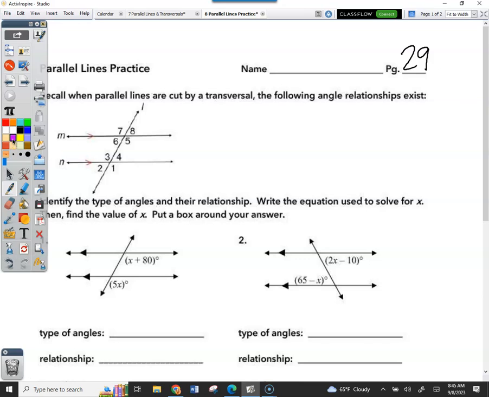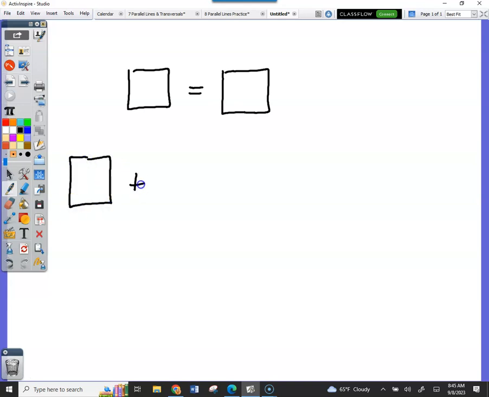Well, there's only two scenarios for equations. It's either you set them equal and solve, or they add to equal what? 180, because it's a linear pair. So it's only two scenarios.